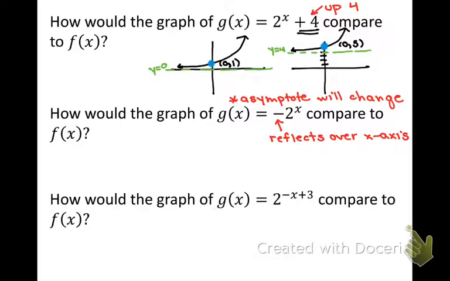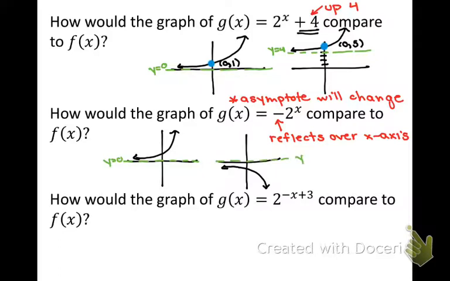So previously, we had something like this. If we flip it over our x-axis, we are now going to get this. Notice that my horizontal asymptote does not move. It stays at y equals 0. But that point 0, 1 is now 0, negative 1.